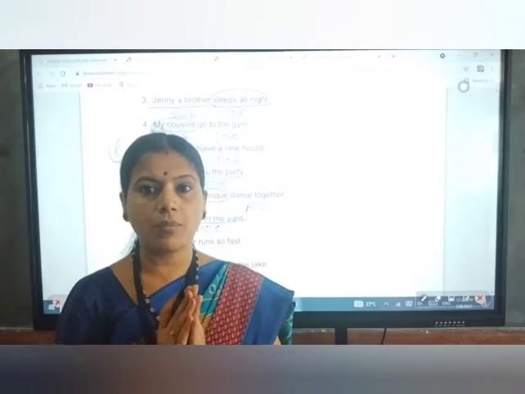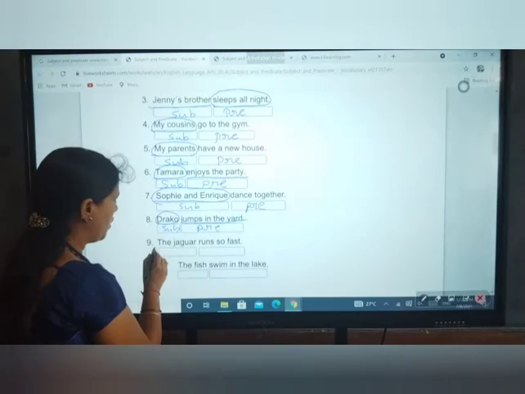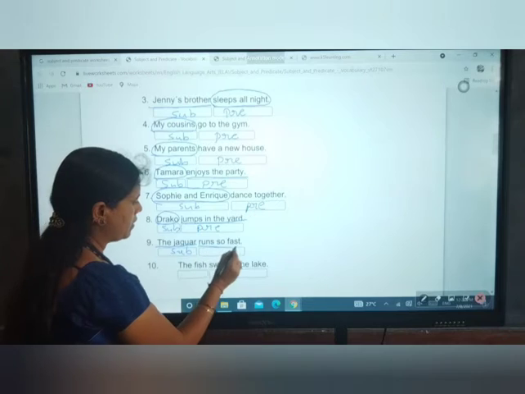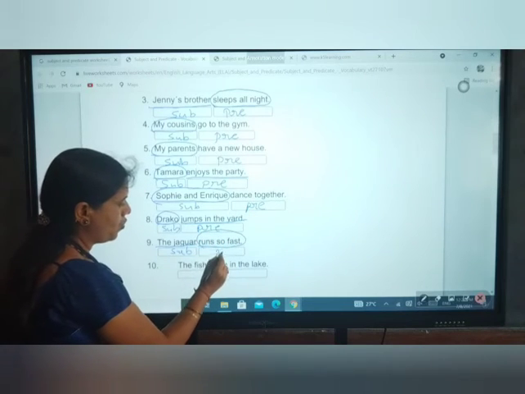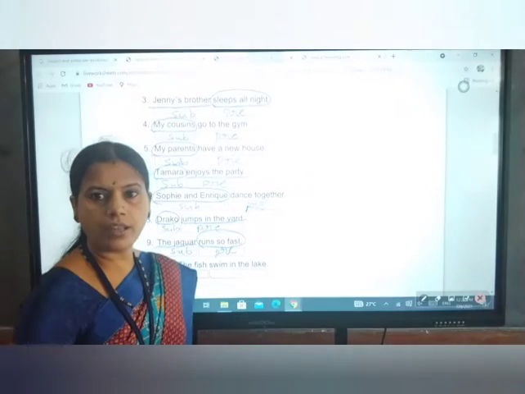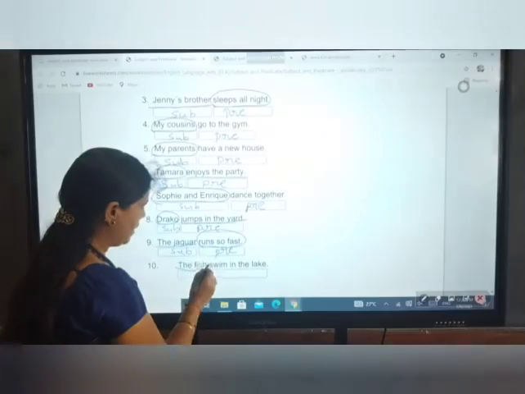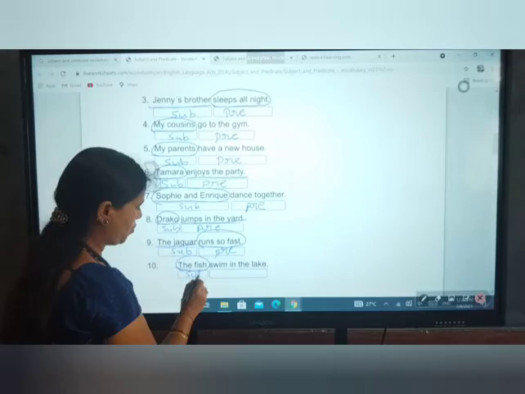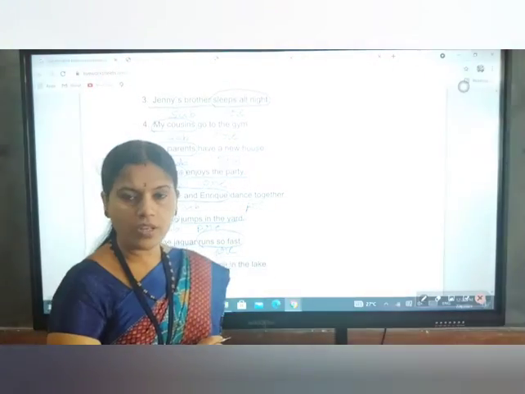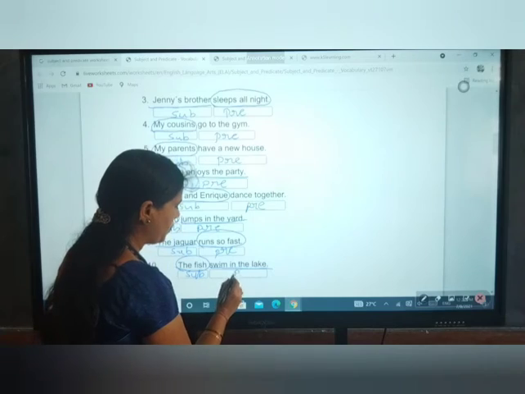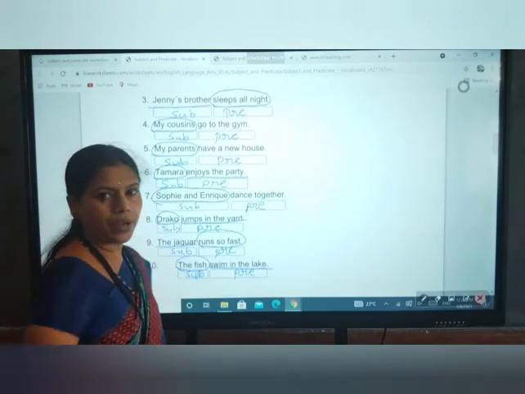Here we are speaking about the animal jaguar. So jaguar is a subject, whereas runs so fast we can call predicate. So next, the fish swim in the lake. The fish is subject, whereas swim in the lake is predicate.